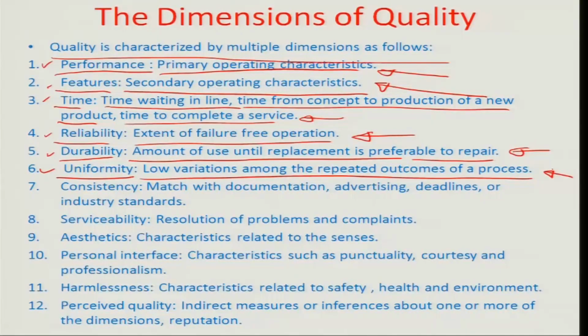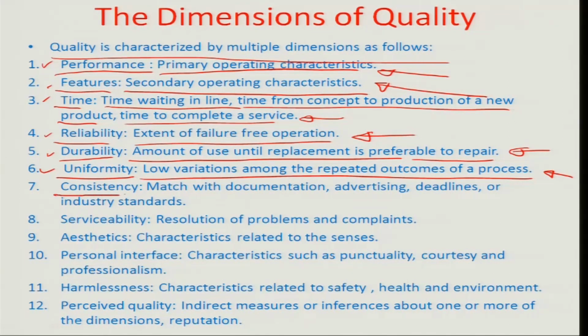Okay, if you are producing 20,000 such shafts in maybe a day's time on a high speed NC controlled lathe machine, then the question of uniformity would come as to, if you look at all the outputs, is it all coming out to be within the dimension plus minus the tolerance which has been provided in the design itself, or is the process going on a run out. So that is the uniformity, a very important dimension of quality.